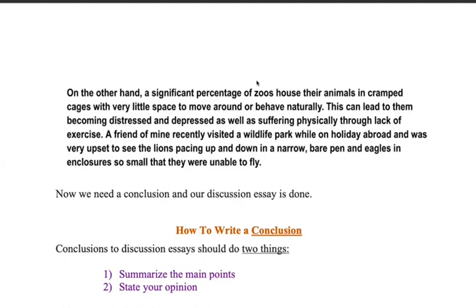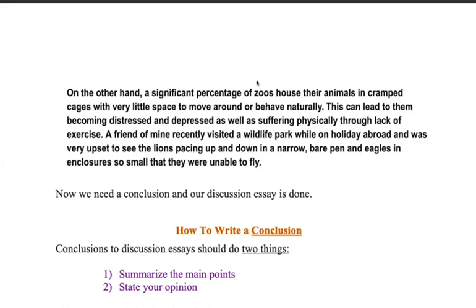And then he has given us an example. His friend visited a wildlife park, and then he saw lions walking with regular steps in one direction, and then back again, because they are worried and nervous. They don't have enough space to move around, and bear pen and eagles in enclosures so small that they were unable to fly.